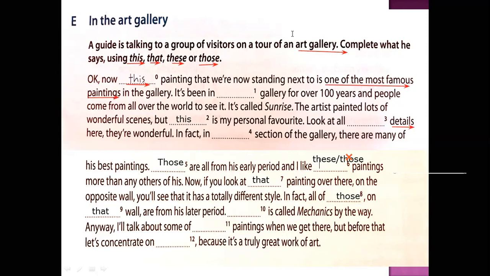Do you think it is correct? He is still pointing at a picture that is far away, so that is called "that". It's called mechanics, by the way. Anyway, I will talk about some of the paintings when we get there.